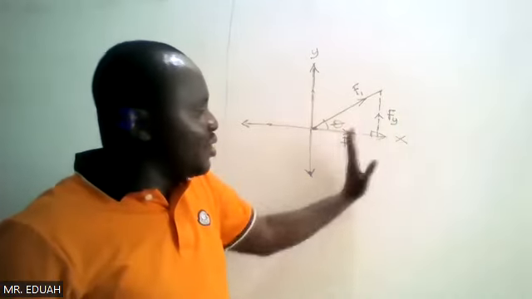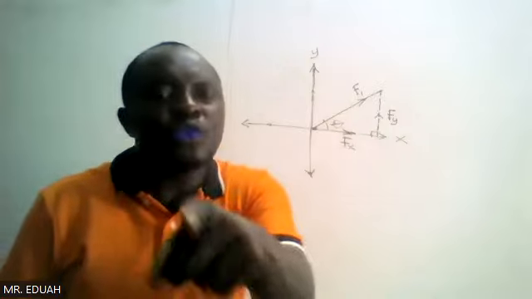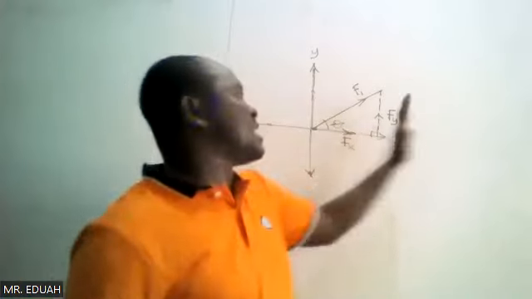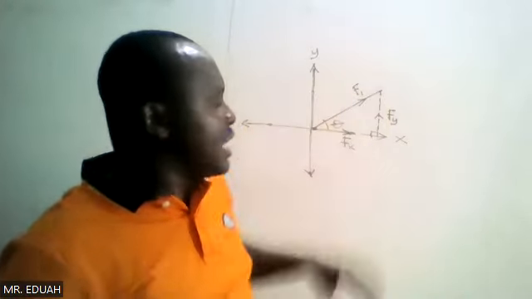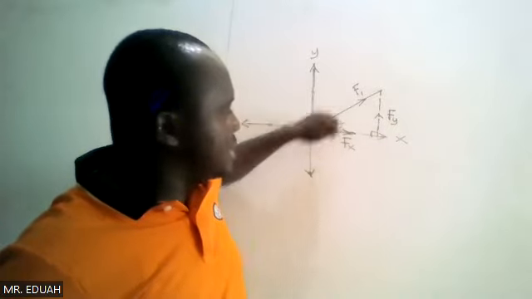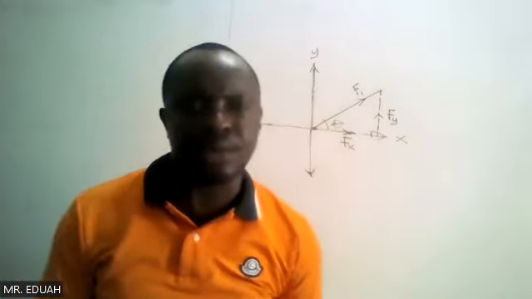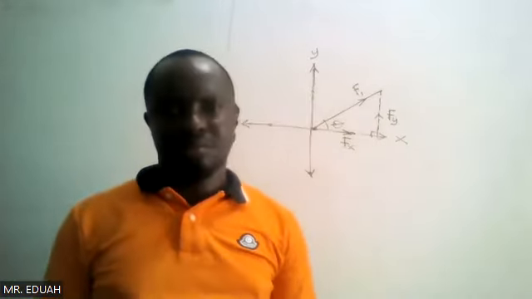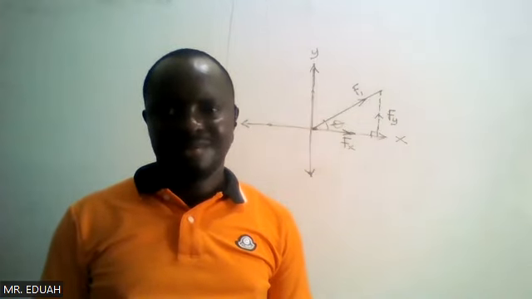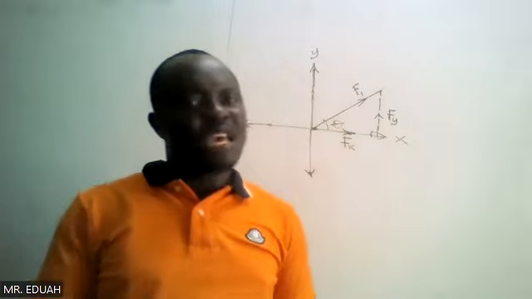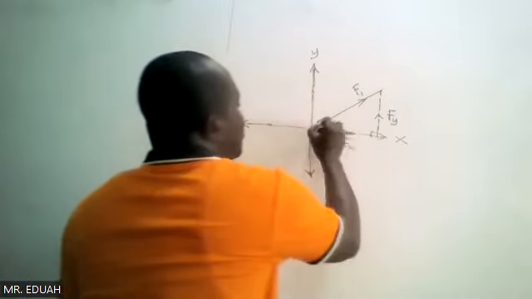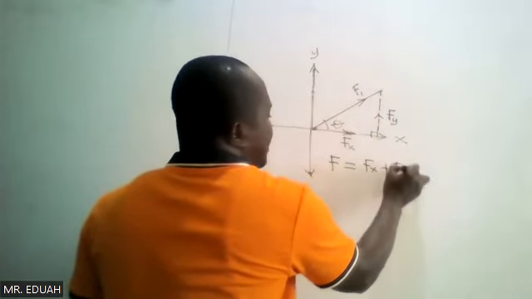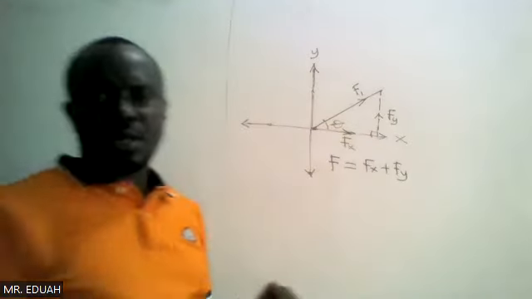The direction would enable you to use the Pythagoras theorem. If this is in this direction, and this is in this direction, then the third one will be this. Because this is perpendicular to this, I can use Pythagoras theorem to find F1, because this is not a scaled drawing. Okay, thank you. If it's a scaled drawing, then F is equal to Fx plus Fy.